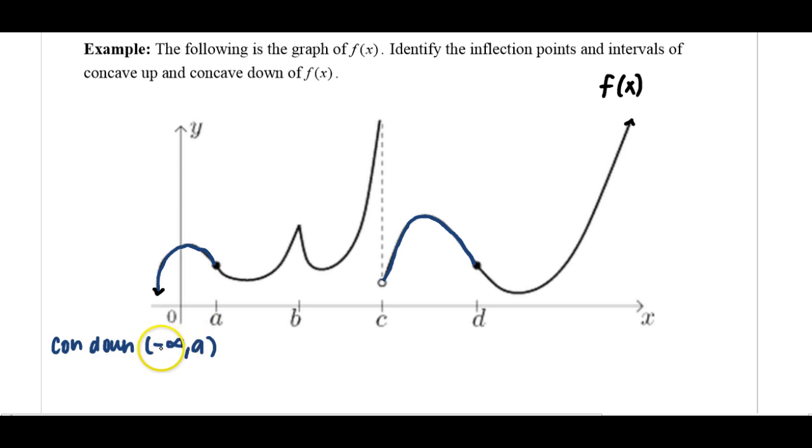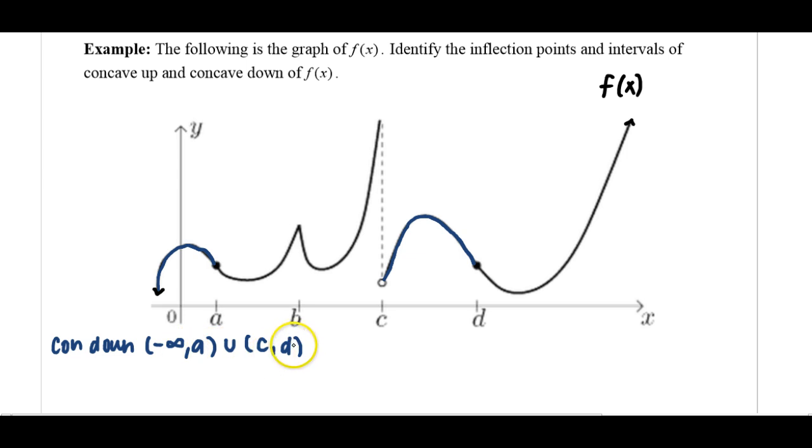So I'm concave down from negative infinity to a, and I'm concave down from c to d. So these would be x values on the x-axis. We're just generically representing them as variables. So my function is concave down from negative infinity to a and from c to d.